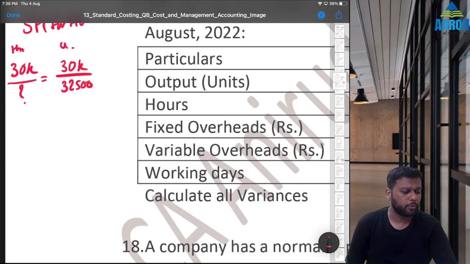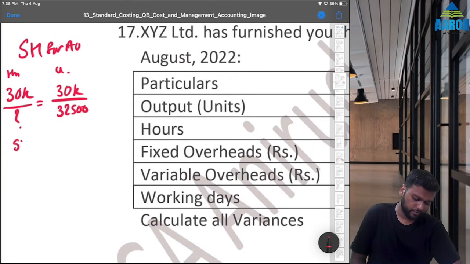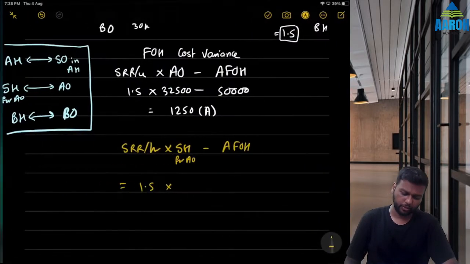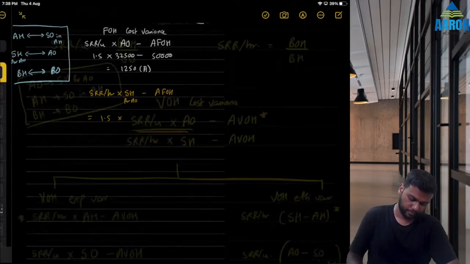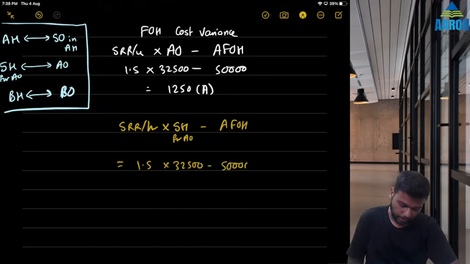Check if it is 32,500 only. Standard hours for actual output is 32,500. Okay. Very important figure, we'll need it many times. So 32,500 minus 50,000. If you observe, it is same as above, so that is going to be 1,250 adverse.